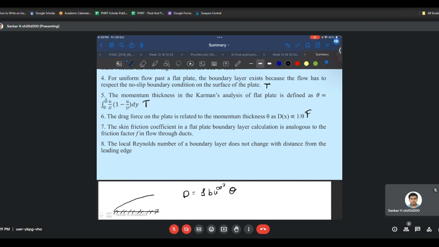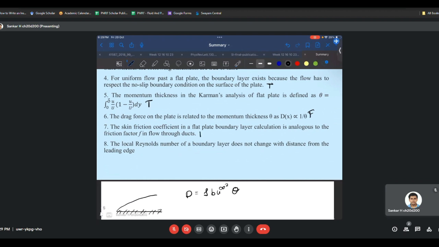Question number 7. The skin friction coefficient in a flat plate boundary layer calculation is analogous to friction factor in flow through ducts. So the skin friction coefficient in a flat plate boundary layer comes as a result of the presence of a no slip condition on the plate, and the friction factor comes up as a result of the friction in the ducts, caused by the roughness there.